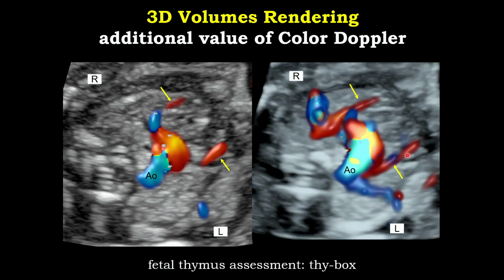Palladini from Italy, where we have the vascular structures creating a box for assessment of the size of the thymus. We can see that posteriorly, this is the brachiocephalic vein, and on the sides, these are the internal thoracic arteries, and everything inside those vascular structures is thymus.